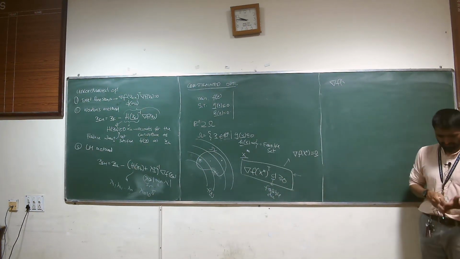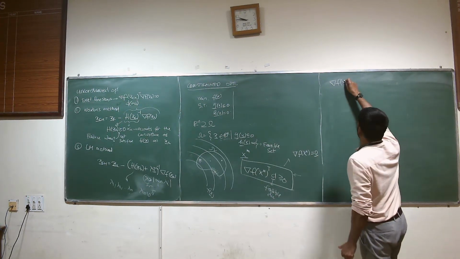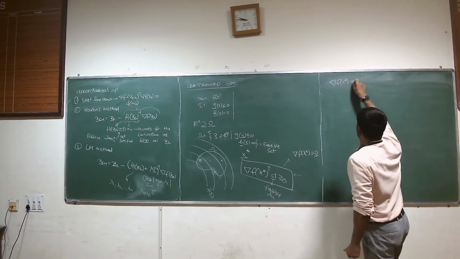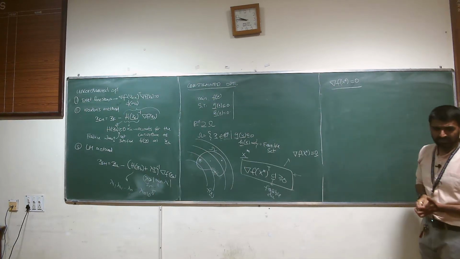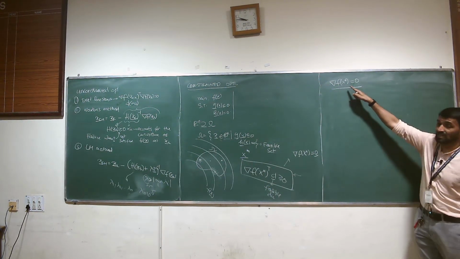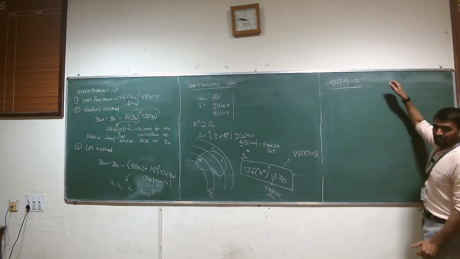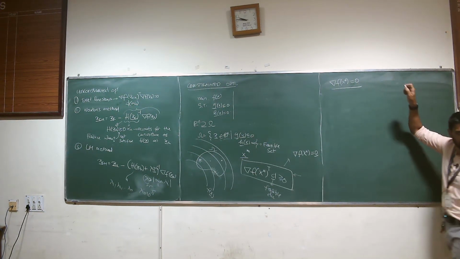That's the condition. Okay. Now, if the gradient at x star is equal to 0, then how do we find out whether this point x star is a minimum? The second order condition. What is the condition?